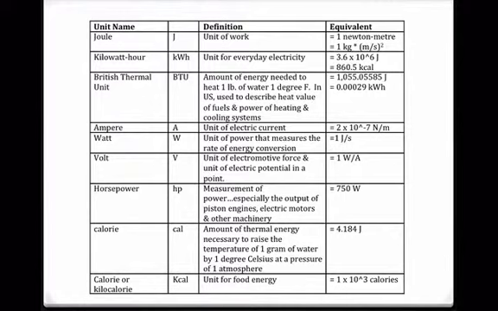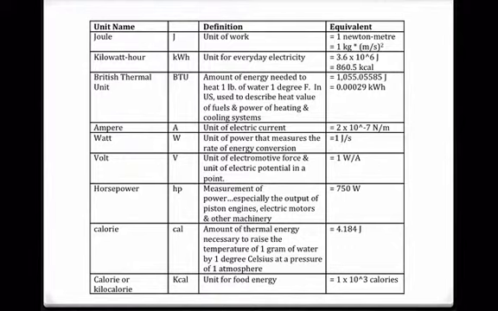And then calorie and kilocalorie at the very bottom. The important distinction here is that the calorie with the lowercase c is the amount of thermal energy needed to raise the temperature of 1 gram of water by 1 degree Celsius at a pressure of 1 atmosphere.